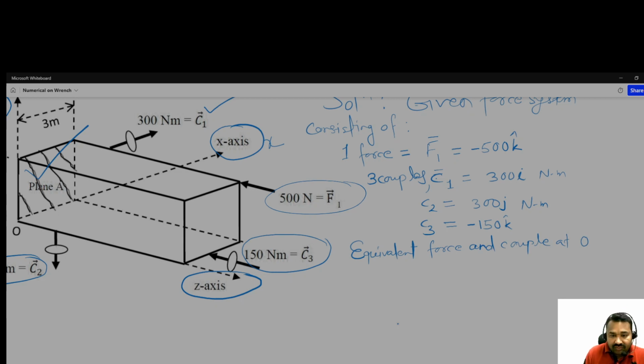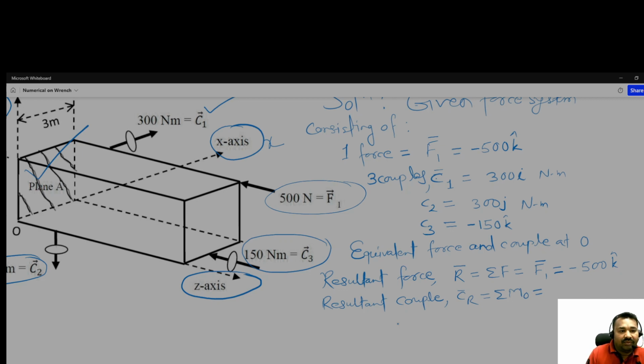So now we have to get the resultant force R bar, which is the summation of the forces, and that is equal to F1, as there is only one force vector. What about the resultant couple CR? It is actually the summation of the moment about O.